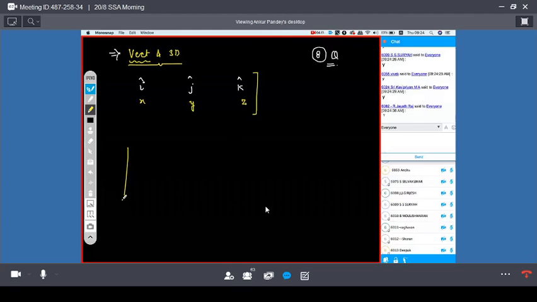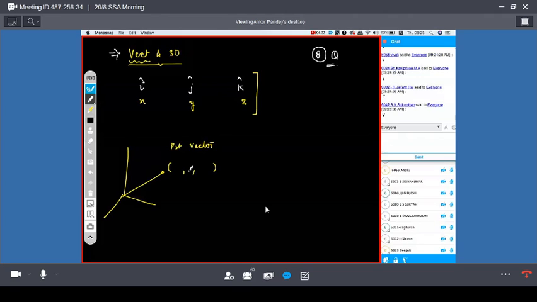So with respect to origin, the location of a point is given by position vector, right or not? Which is a, comma b, comma c. Okay. The length of this vector is called the magnitude of the vector, square root of a square plus b square plus c square, right? A vector whose magnitude is equal to 1 is called a unit vector and denoted by cap. Yes or no?